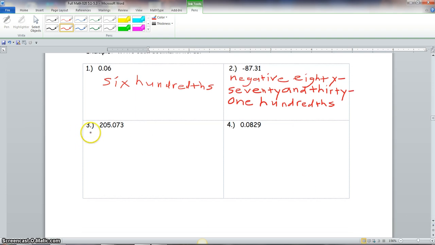Number 3. This is 200, 205, and we have 70, 3.